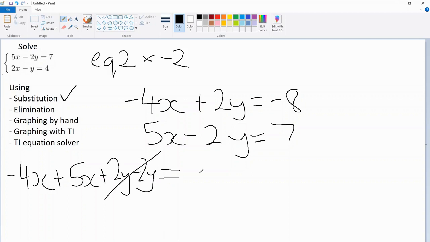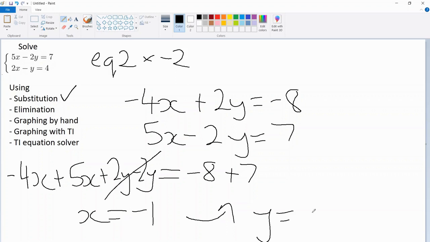You've undone each other. Minus 8 plus 7. And if you add these up, minus 4x plus positive 5x, you have 1 lot of x, equals minus 1. Remembering, you substitute that back into one of the equations, and you'll find y equals minus 6. So that's how you do elimination.